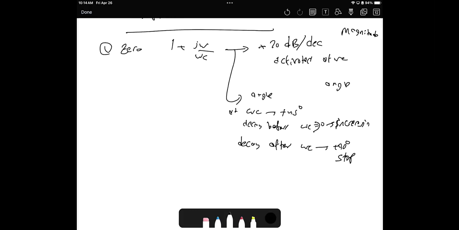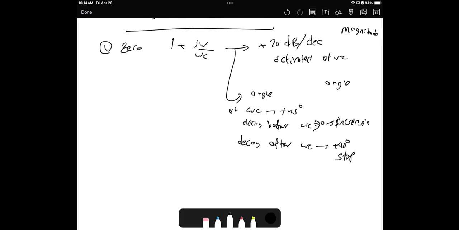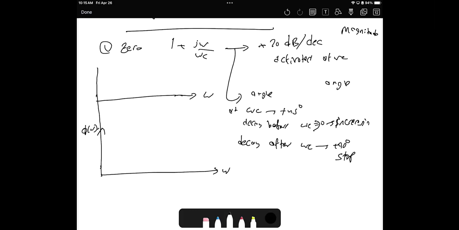Okay, what does this mean? Let's do both actually. I'm going to make a plot. Here's omega. The first one, the top one, is A of omega in dB, which is the magnitude.